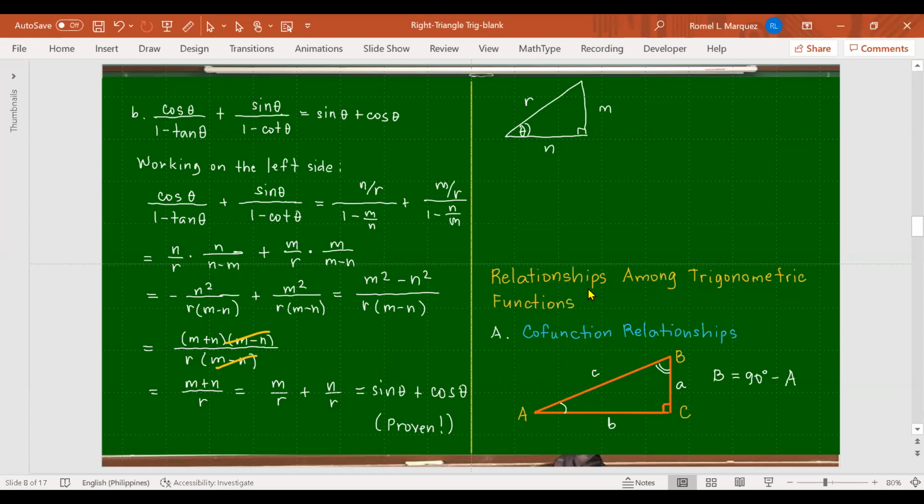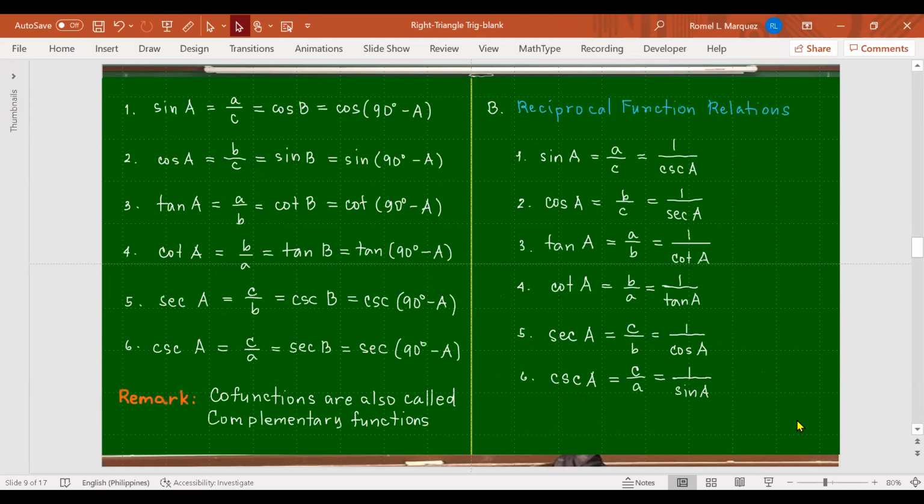So we now have relationships among trigonometric functions. So, co-function relationships. Let's say you're given this triangle ABC, where A and B are complementary angles of each other. From this right triangle, we can define the following. C is the hypotenuse, a is opposite to angle A, and b is adjacent.